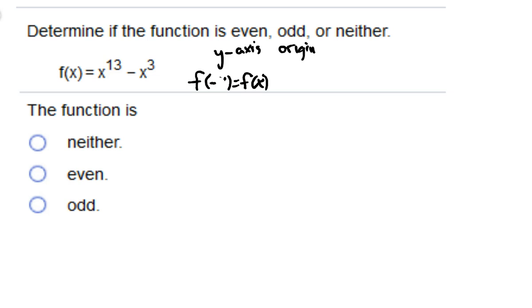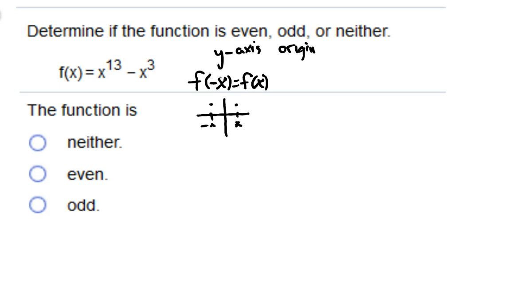The x values are opposites, but the y values are equal to each other. So if we think about that in picture form, here we would have an x, opposite of that x, and the two y values being equal to each other. So that would be y-axis symmetry. That's a mirror image over the y-axis.